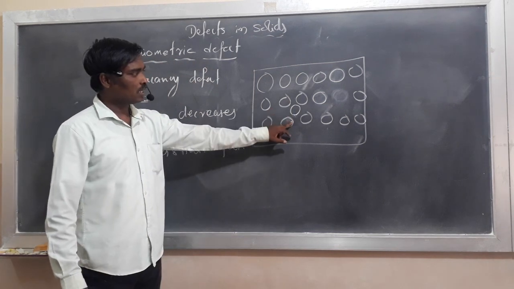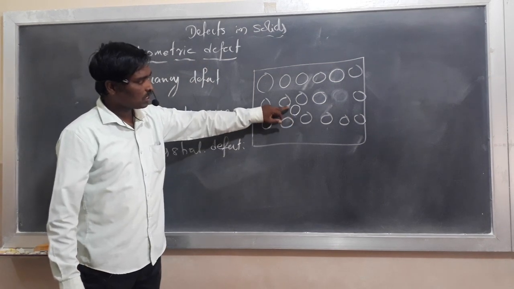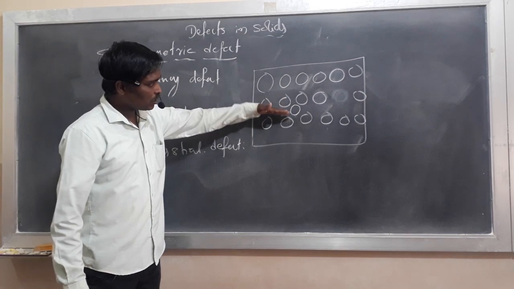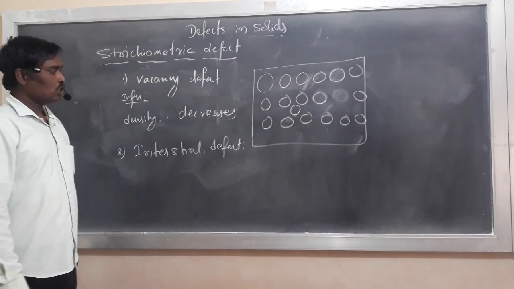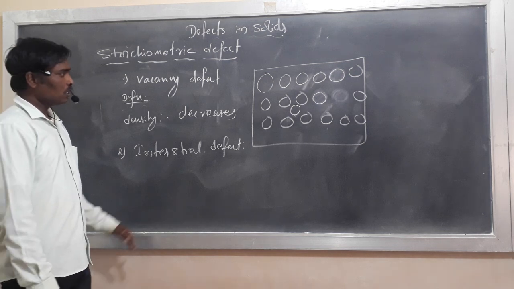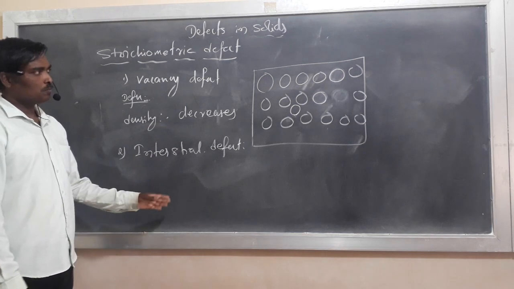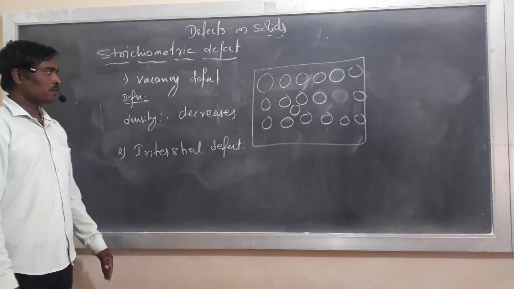They are present at the empty space between the two rows. Such defects are called interstitial defects.